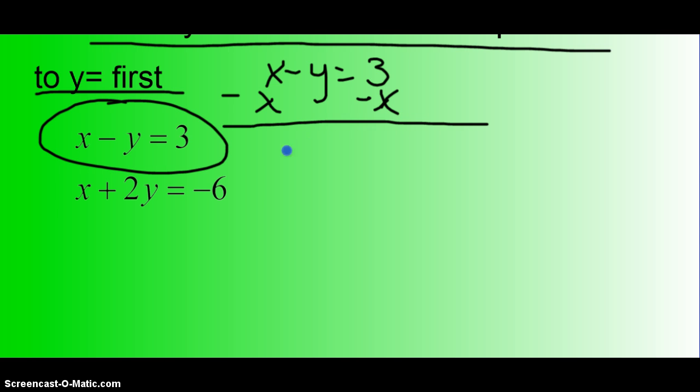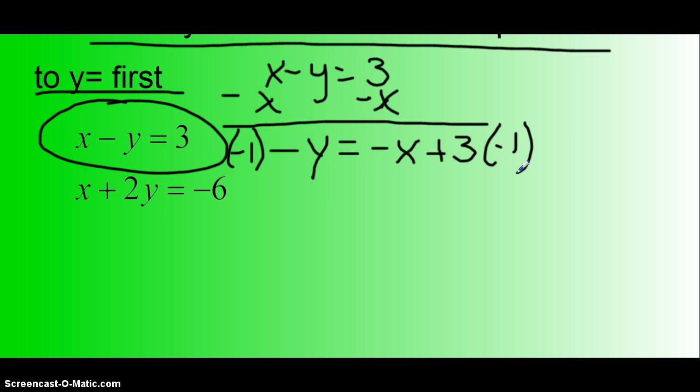So now I have a negative y, because remember, this says negative y, or minus y, is equal to negative x plus 3. Then I'm going to have to multiply through by negative 1. The reason I'm going to do that is because I've got this negative y, and I don't want it to be negative y, I want it to be y equals.